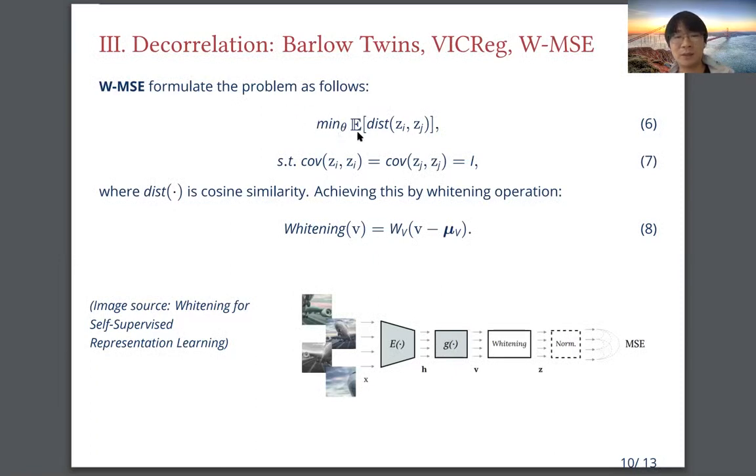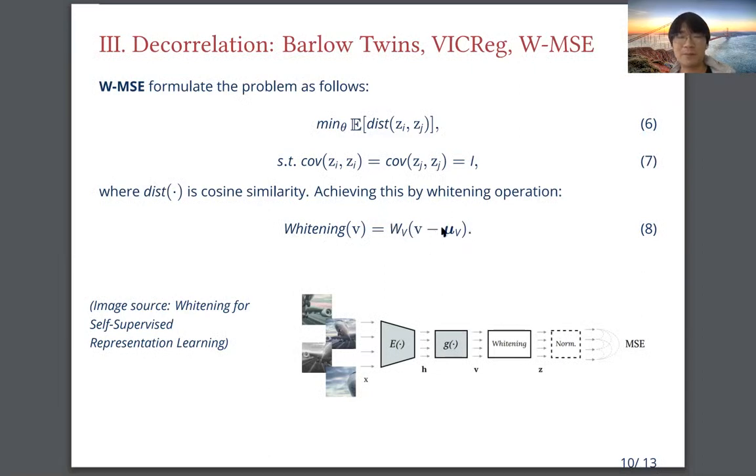The main goal is that we want to maximize the cosine similarity between Zi and Zj positive pairs, and they constrain this problem within the condition that the covariance matrix of Zi and the covariance matrix of Zj are the identity matrix. So they propose a method called whitening.